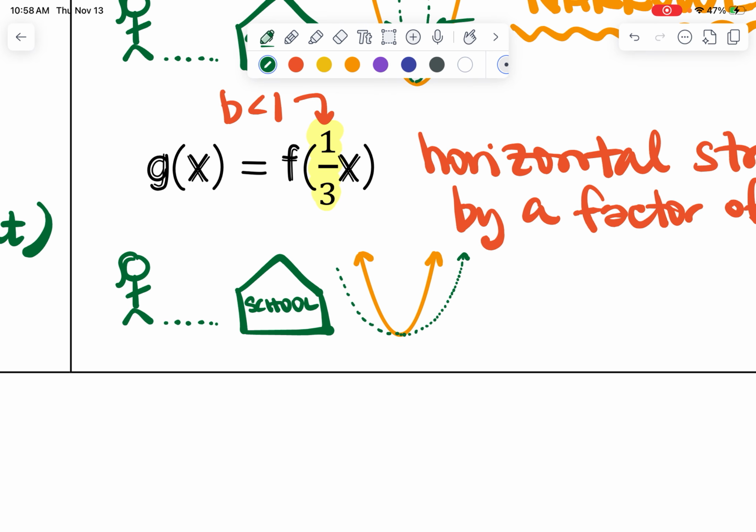So naturally my graph is going to be wider because I'm going to take more time. Imagine the x-axis is time, right? So it's going to take me 3 times longer to get there, right? So it's going to make our graph wider.